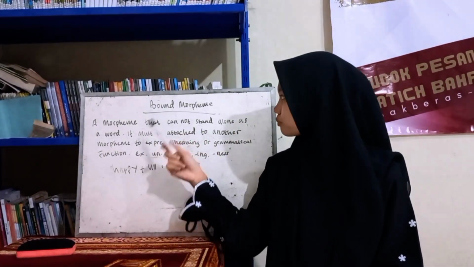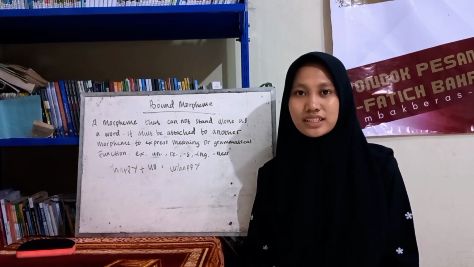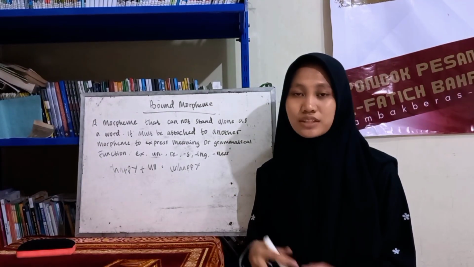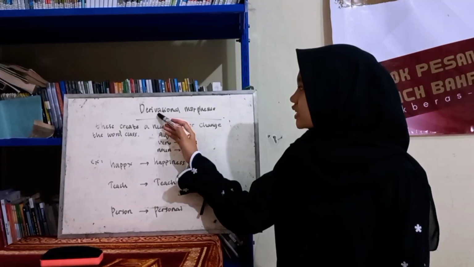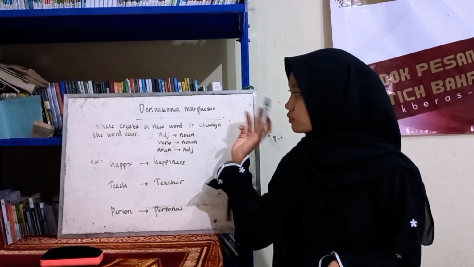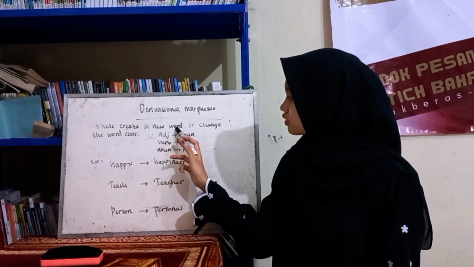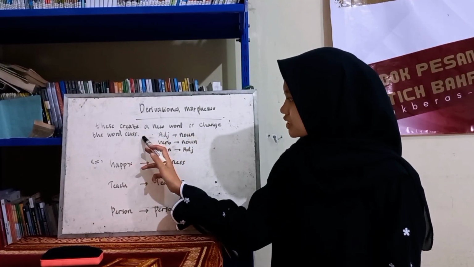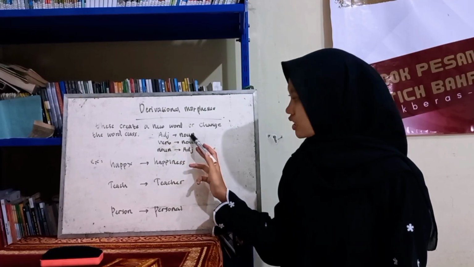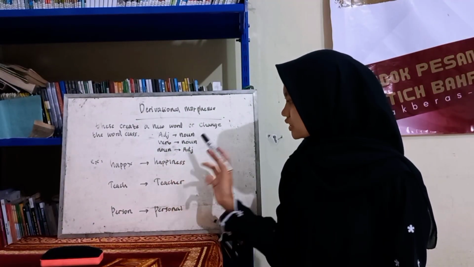And a bound morpheme also has two kinds, like a free morpheme. What are they? They are derivational morpheme and inflectional morpheme. What is a derivational morpheme? A derivational morpheme creates a new word or changes the word class, such as adjective becoming noun, verb becoming noun, or noun becoming adjective.